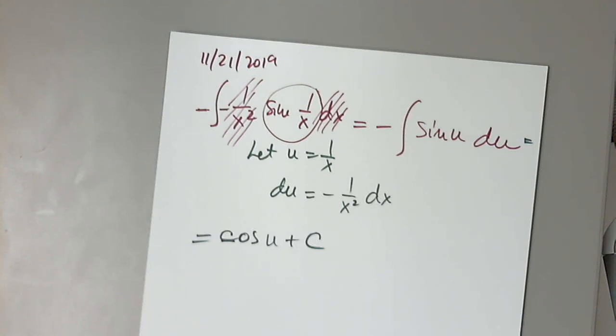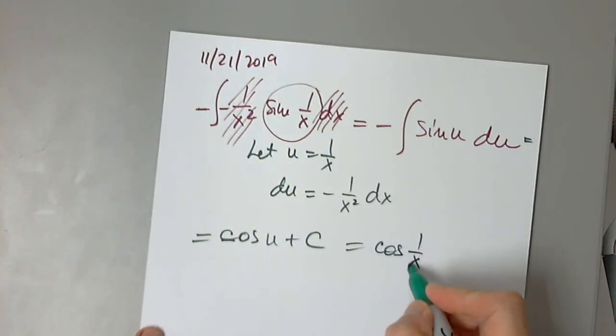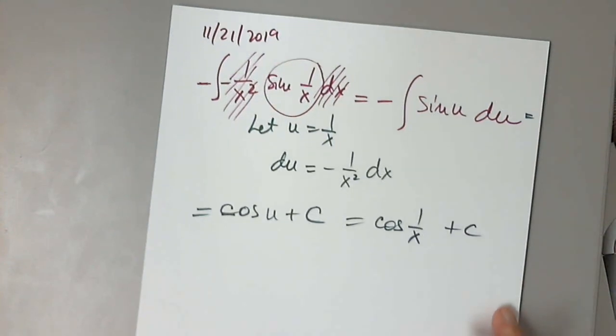Since this is an indefinite integral, it's a family of functions. Infinitely many functions have the same derivative, but I have to go back and take the substitution, meaning I have to replace u by 1 over x. So this is cosine 1 over x plus a constant c.